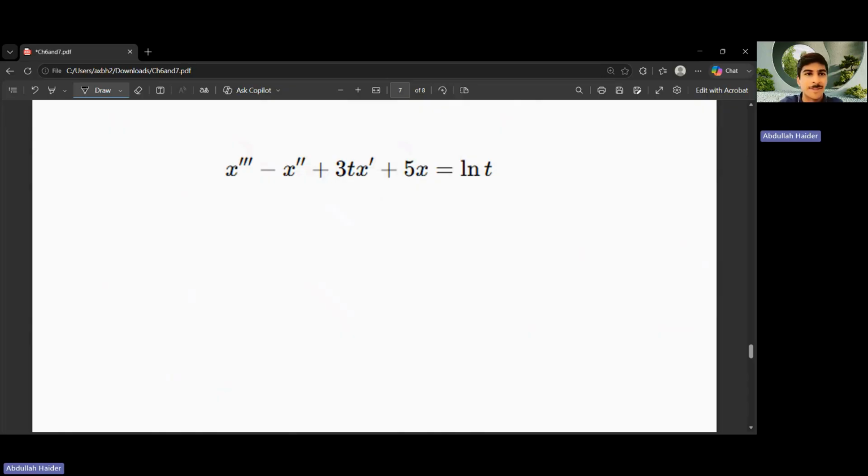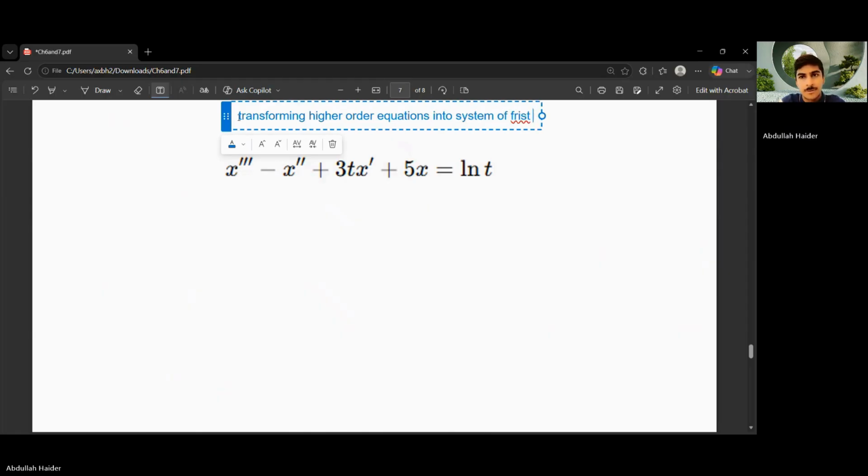Now, this concept, which is transforming higher order equations into system of first order equations. I'll go through this very, very quickly. Why?